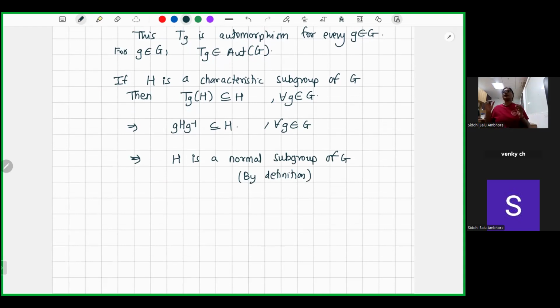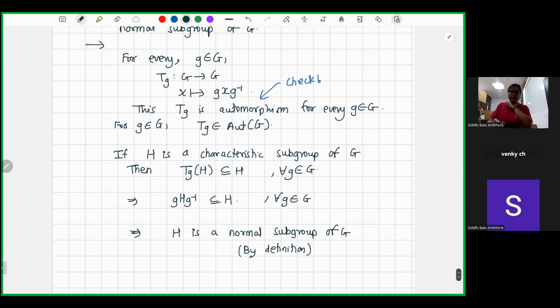So the catch here is that all the maps of this kind, T_g, are automorphisms.